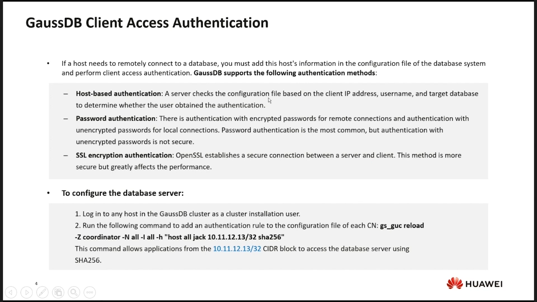There is a configuration file in our database. You can write the client IP address, username, and the target database to determine whether the user obtains authentication. So it's like this. What does that mean?